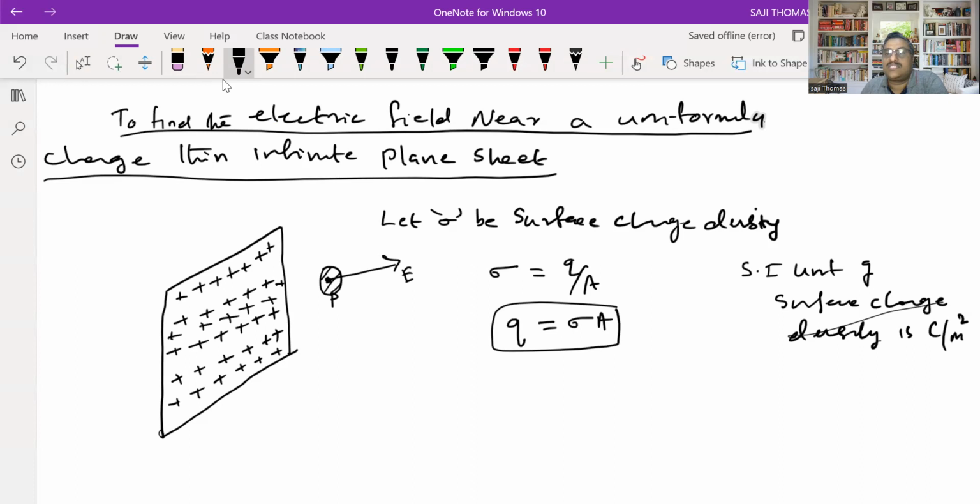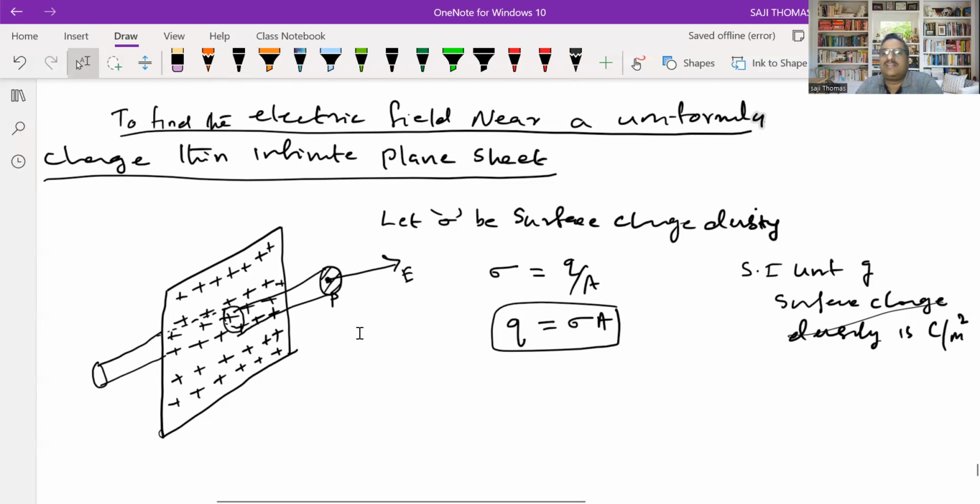To apply Gauss's law, you need a closed surface. So you imagine a closed cylindrical surface in this way. It will pass through the sheet to an equal distance on the other side. This cylinder is the Gaussian surface. Why are we imagining a cylinder there?